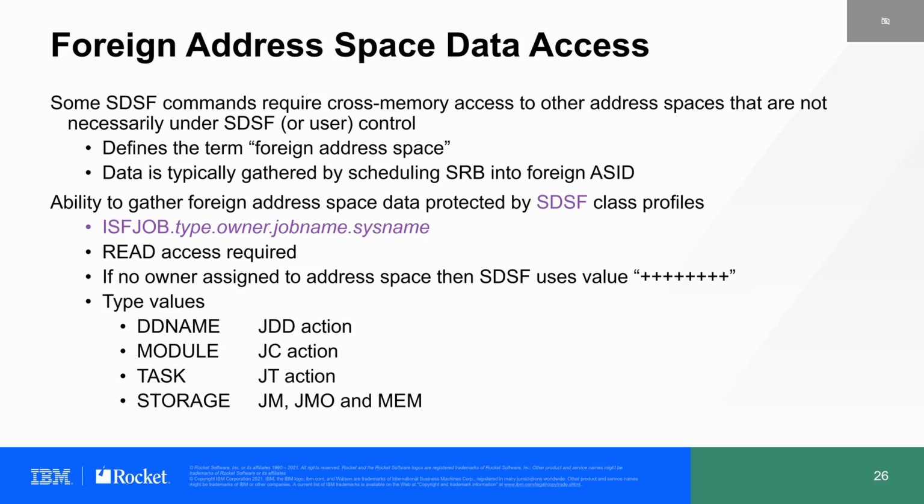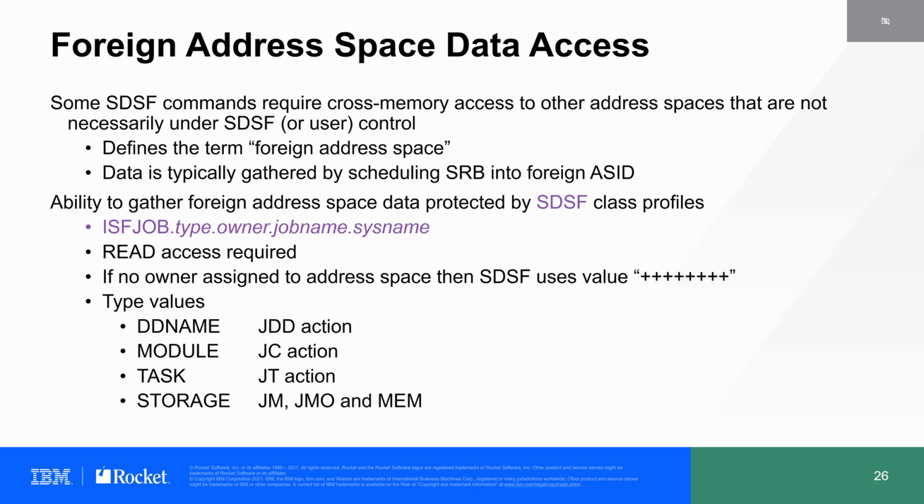And the data is typically gathered by scheduling an SRB into that address space. The ability to do that is protected by an SDSF class profile, ISF.JOB.type.owner.jobname.sysname, and you need read access.